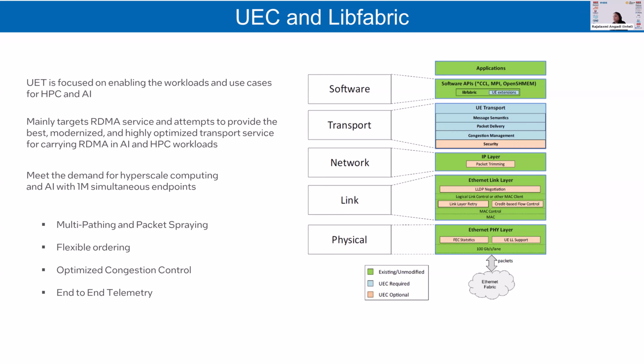The semantic layer, the SES layer, is designed to integrate into broadly deployed AI frameworks and HPC libraries through the Libfabric mapping. This layer specifies a protocol that defines how application messages are identified, how the associated buffers are addressed, and how the requested operations on the messages are actually carried out. So it is the interface between Libfabric and the transport.